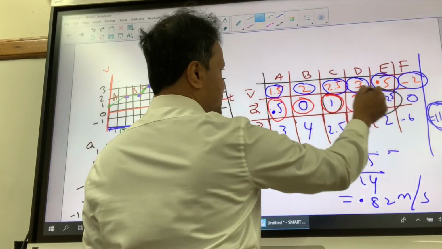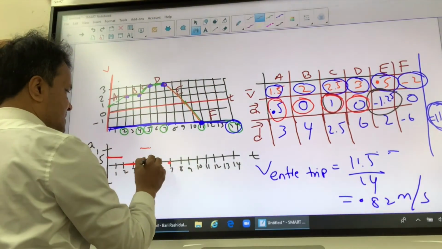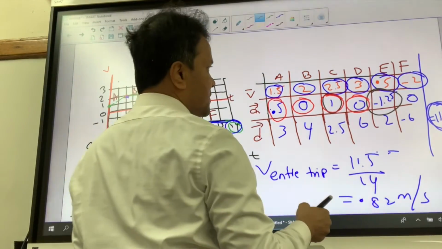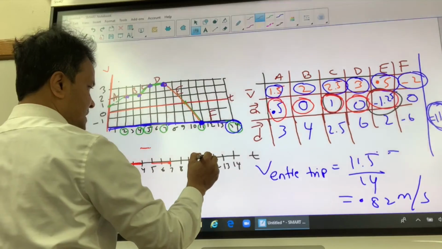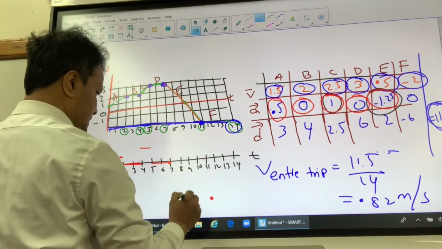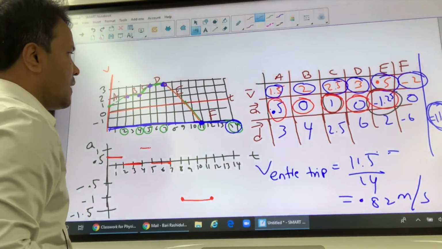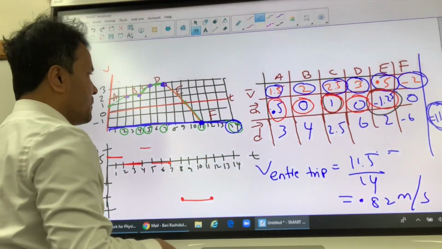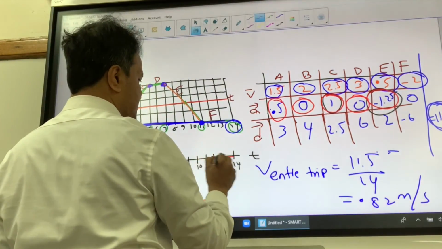From 5 to 7 seconds, acceleration is 0. From 7 to 11 seconds, acceleration is negative 1.25. And from 11 to 14 seconds, acceleration is 0.